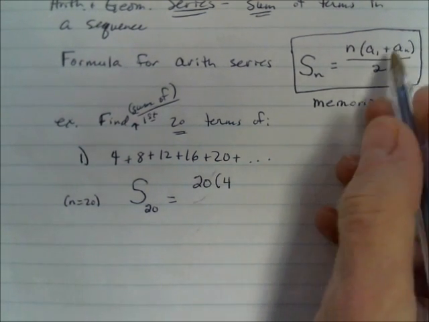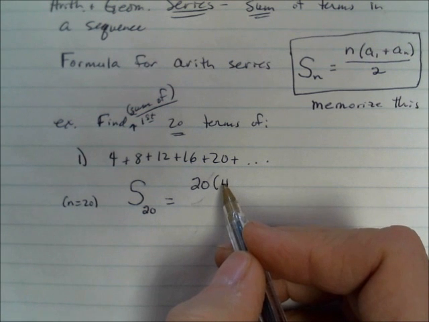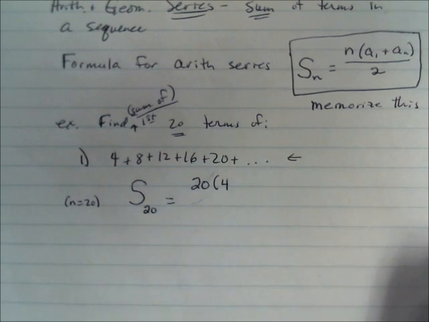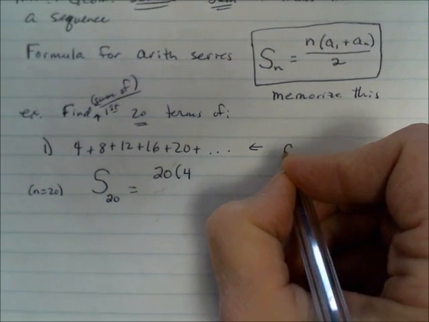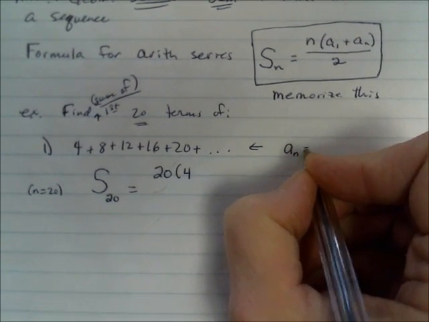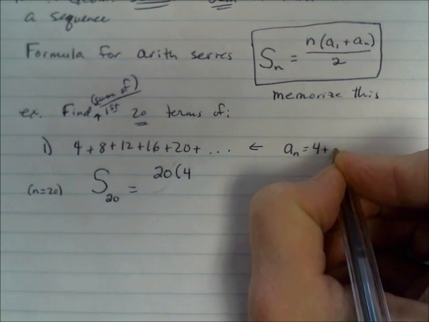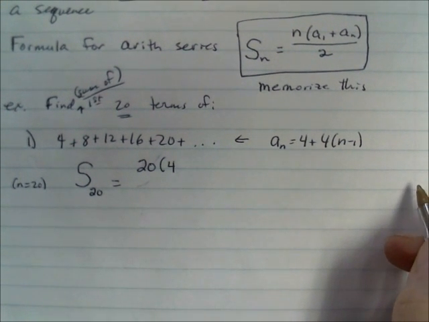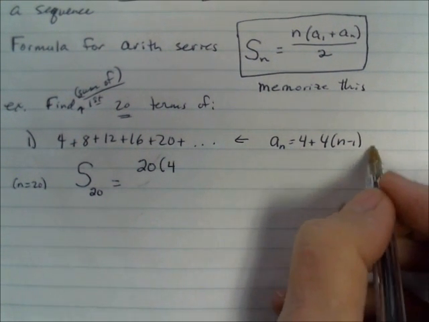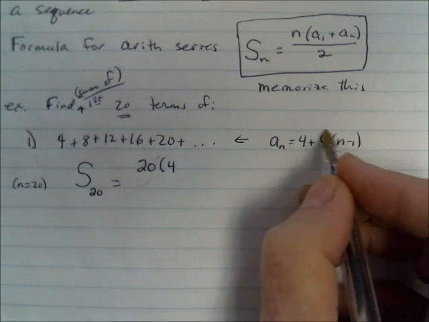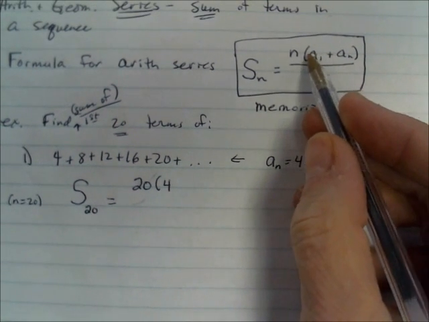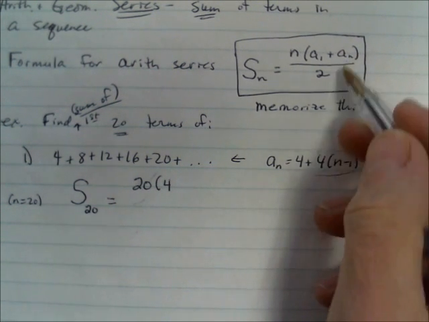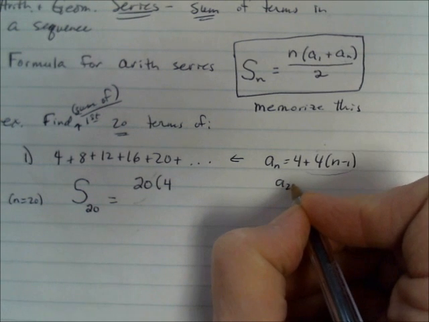Now the nth term, the 20th term, we don't know what the 20th term is, but if we wanted to figure it out from what we learned yesterday, the nth term is equal to the first term plus d times n minus 1. So we can substitute this a_n into this a_n piece right here. These two are the same a_n's. Or we can just figure out what the 20th term is.